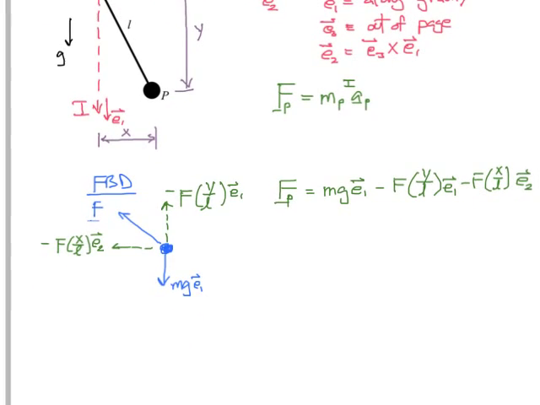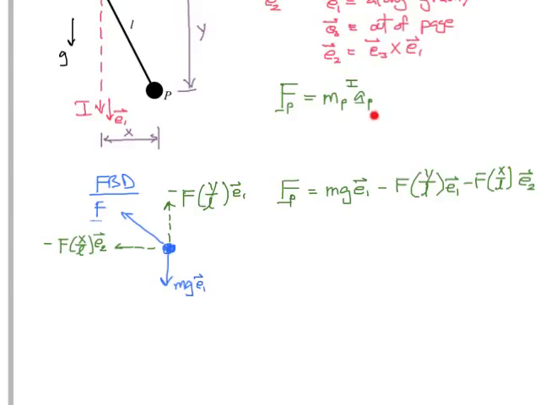Now let's find the kinematics, the acceleration of P as observed in the inertial reference frame. We always start out with the position vector. So here it's r, P with respect to O, and this is equal to x in the E2 direction plus y in the E1 direction.